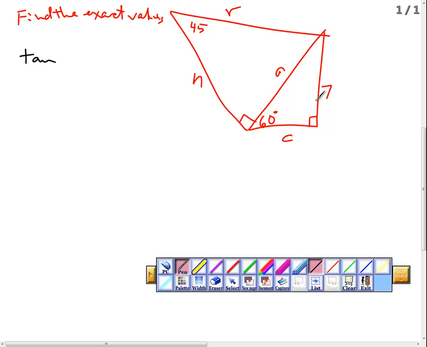Since we have opposite and adjacent, we can use tangent of 60 degrees equals, and tangent we know is opposite over adjacent, so that would be 7 over C.